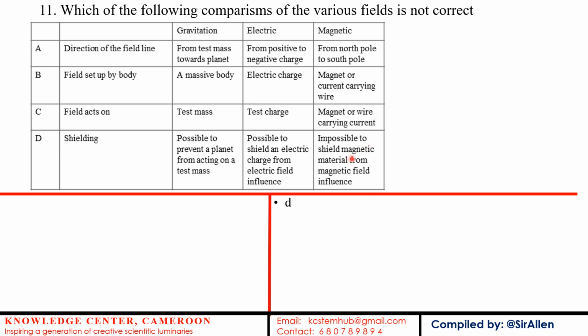If I can counteract the effect of a particular pole or charge, then I can shield the effect of that field. But I cannot shield the effect of a gravitational field, because any object you bring also has a mass, and in turn exerts a gravitational force on another object that has mass. That's why we cannot shield gravitational fields. So our answer here is D.